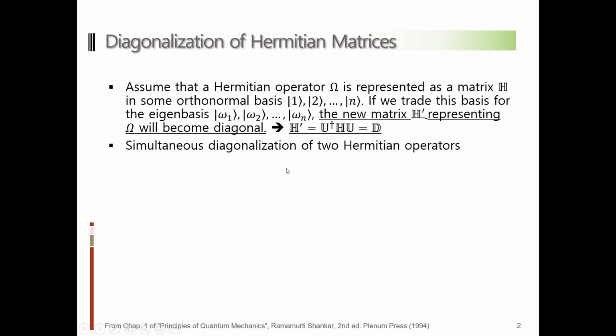The main reason we are interested in diagonalizing the Hermitian operator is related to measurement in quantum mechanics. In quantum mechanics, all the measurement is directly related to Hermitian operators, and the result of the measurement is also related to the eigenvectors of the Hermitian operators. More details will be discussed in later lectures.